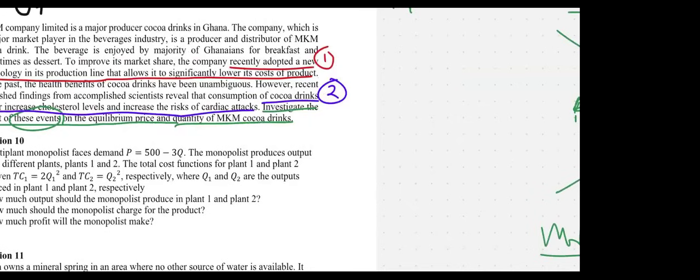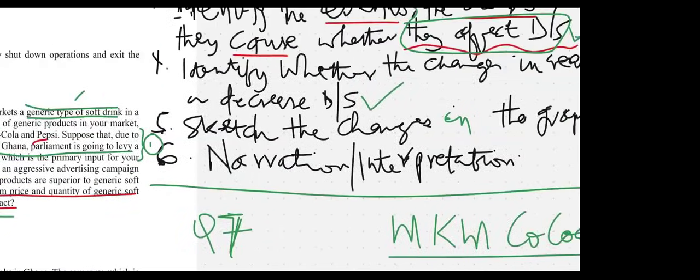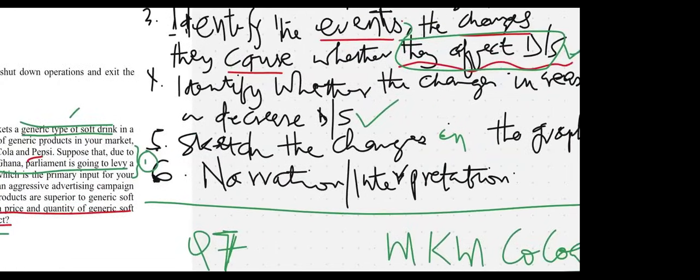But look at this question, the last sentence: investigate the effect of this event on the equilibrium price and quantity of MKM cocoa drinks. Here, it didn't state that one event is having a greater impact than the other. So in this case, with the steps, we will end at Step 4, and Step 5 will be the changes on the graph. Okay. So let's see how we're going to do Step 5.